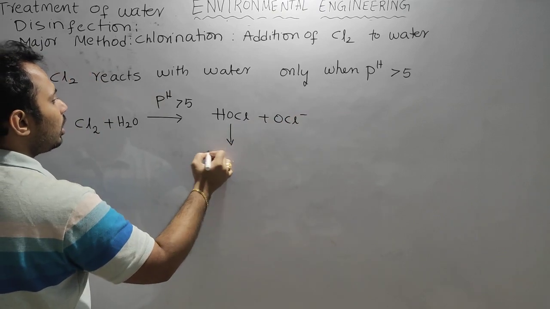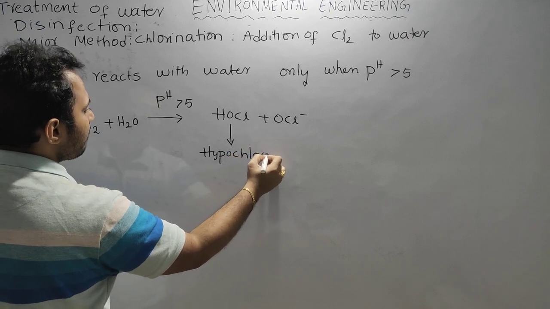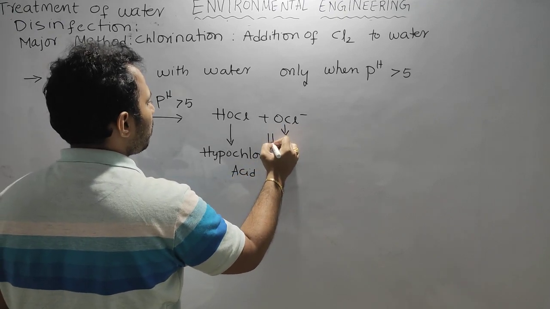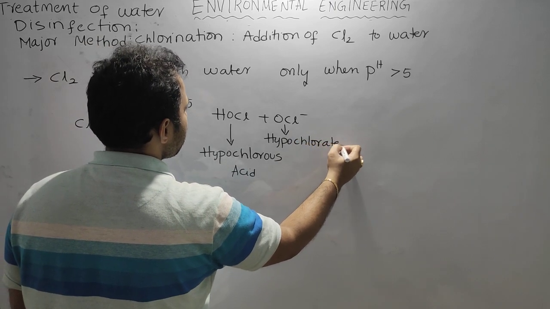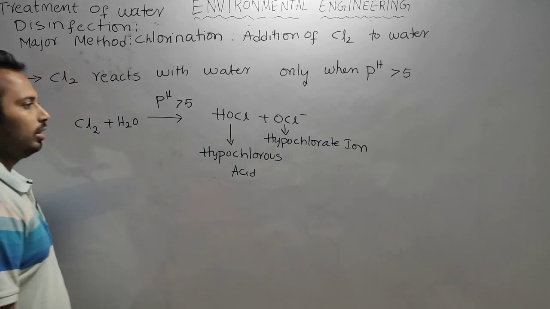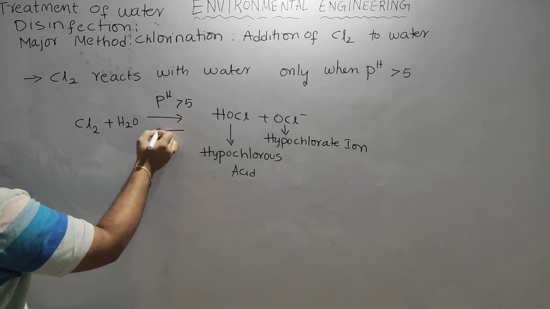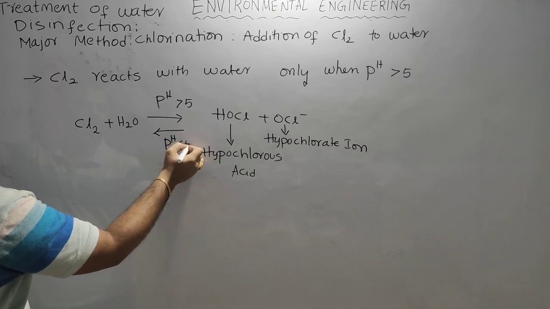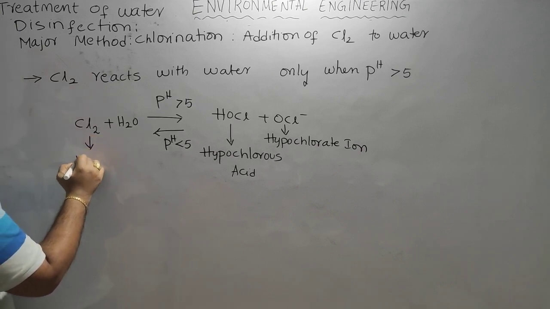This HOCl is called hypochlorous acid, and this is the hypochlorite ion. This is a reversible reaction. When pH is not maintained above 5, it will come back like this. When pH is less than 5, it will become molecular chlorine.